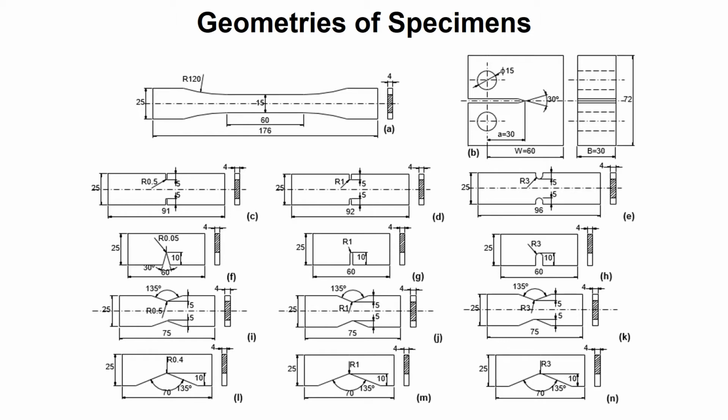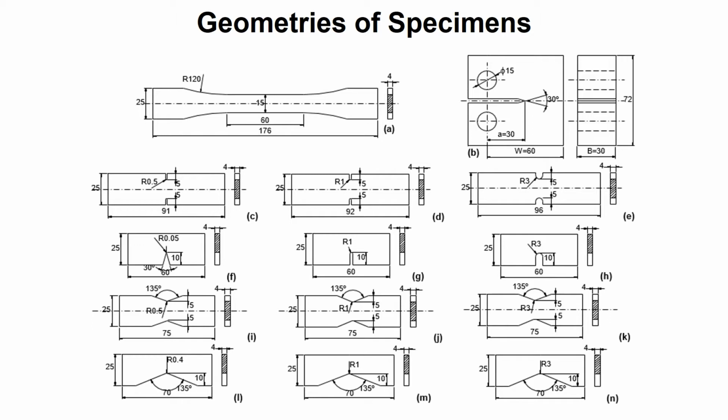Figure A shows the geometry of the dog bone plain specimen, whereas Figure B shows the geometry of compact tension (CT) specimens. Figures C to E show the specimens with U notches under tensile test at a notch radius of 0.5 mm, 1 mm, and 3 mm. Figures F to H show the geometry of specimens with U notches under 3-point bending test.